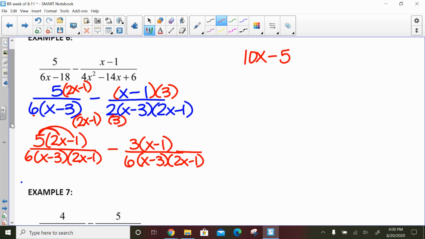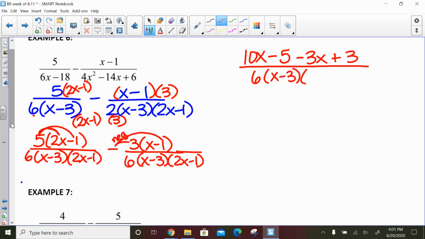This minus sign is going to go with this 3, so this 3 is now really a negative 3. Negative 3 times x is negative 3x, and negative 3 times negative 1 is a positive 3. So all I did was distribute, and now I'm writing it all over the same denominator.